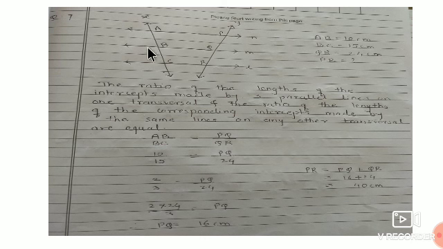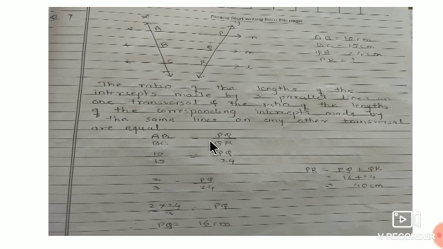Means these are the three lines and they have two transversals. With transversal X, there are two intercepts, AB and BC. With transversal Y, with the same lines N, M and L, there are two more intercepts, PQ and QR. So the ratio of the corresponding intercepts, AB upon BC, is equal to PQ upon QR.